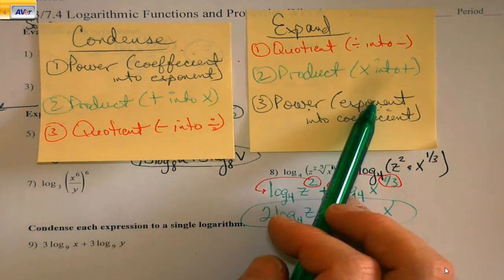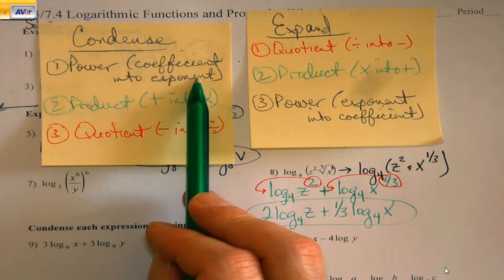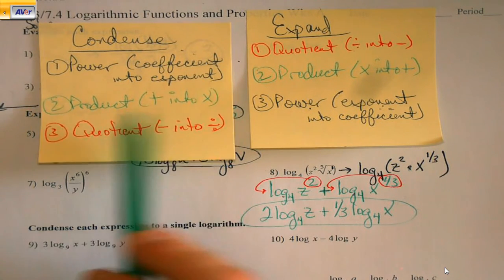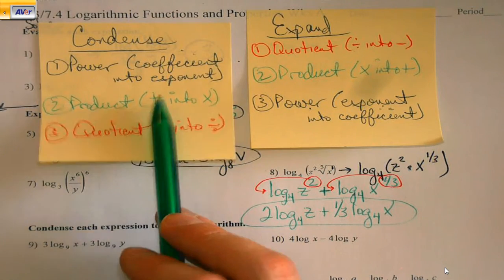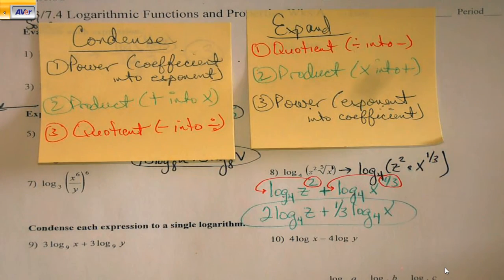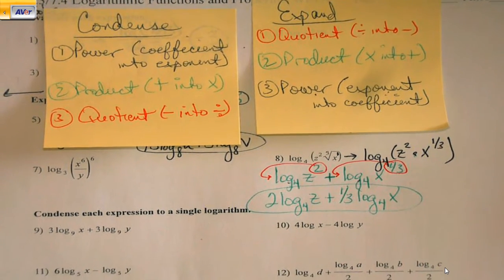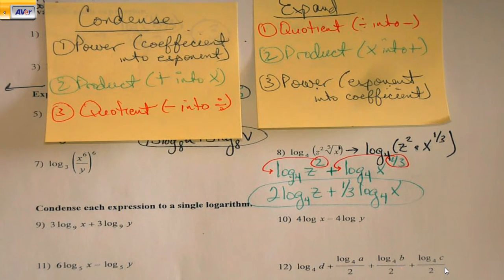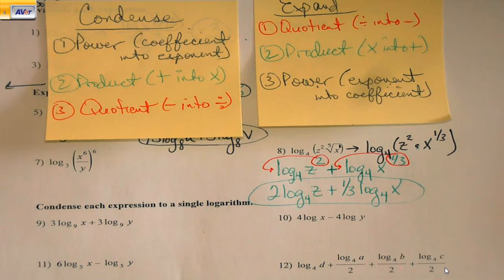And instead of going exponent to coefficient, it goes coefficient to exponent. Like literally everything is backwards. Instead of multiply to add, it's add to multiply. It's subtract to divide. And so when we start doing these, and I'm going to move this up just a bit. We still are fitting everything.